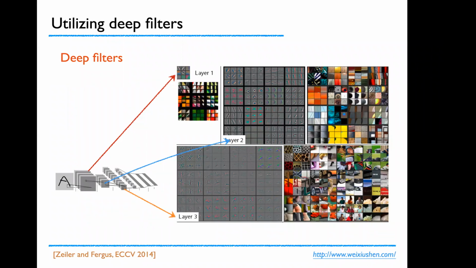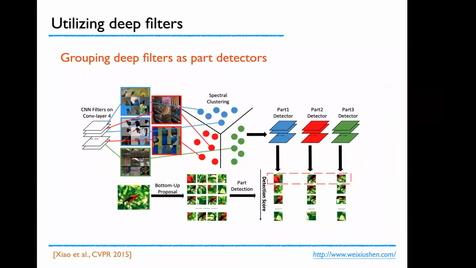So in the fine-grained community, some researchers attempt to employ these filter outputs as part detectors, and thus rely on them to conduct localization, classification, and fine-grained recognition. Besides, one of the main advantages here is that they do not require any part-level annotations.